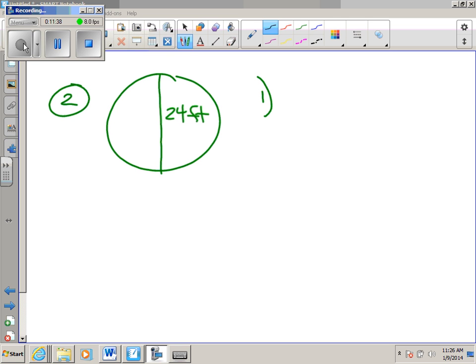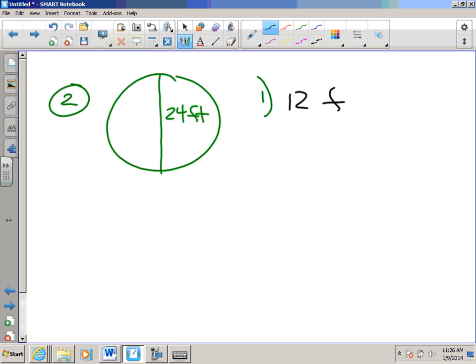They kind of do, but they don't. We have to find it. 12. Okay? So the opposite of what you had to do for today, when you were looking for D and they gave you R, you had to multiply by 2. Now if you're looking for R and they give you D, you have to divide by 2. Cut it in half. So it's 12.